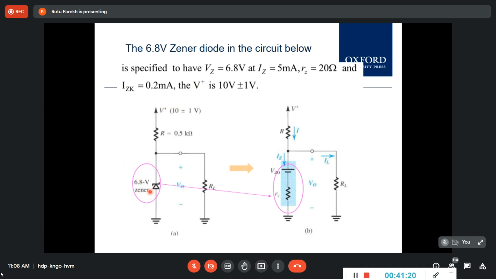And this is the equivalent of the Zener, because when you want to analyze, you cannot analyze with this symbol, so you will put this VZ0 and this RZ. And again, as I said, it is all a game of I and V that we have to calculate, and we are going to understand what is given and what we have to find out. But the overall meaning you understood, right?